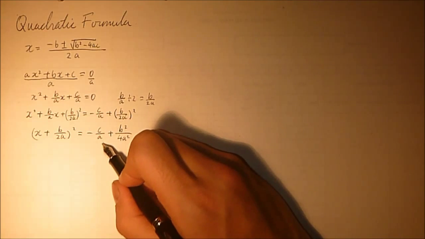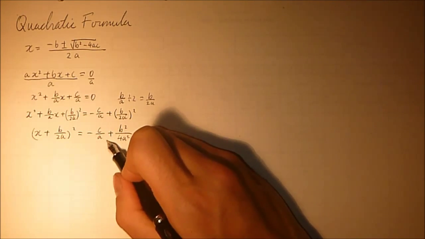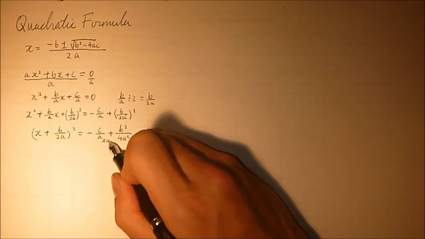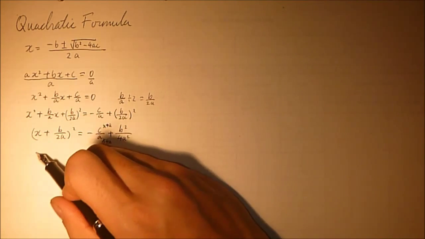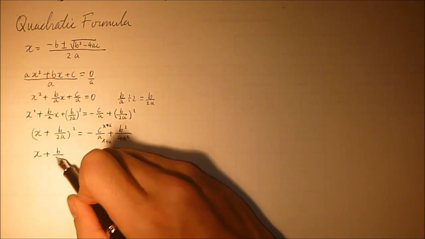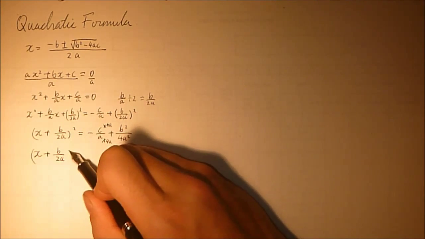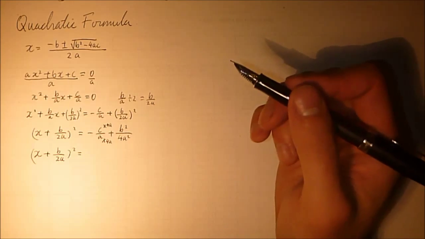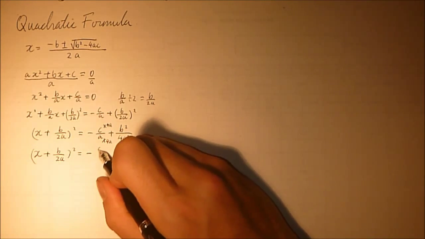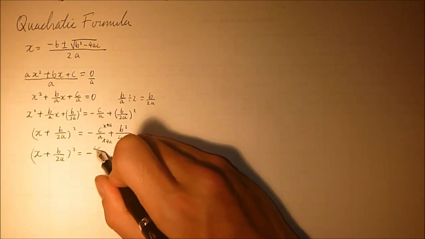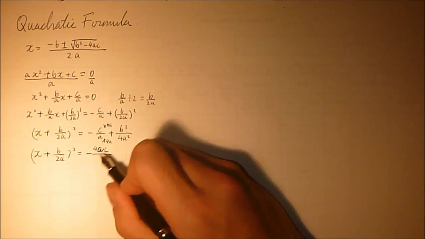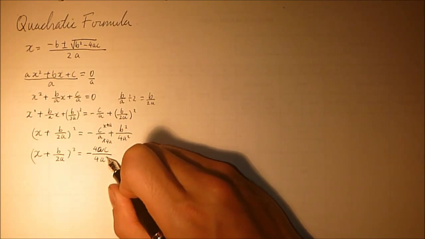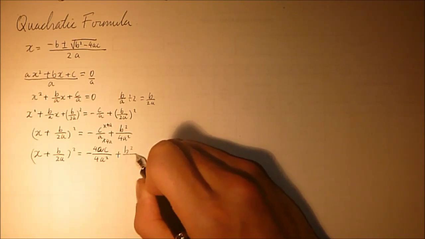So in this case the denominator will be 4a squared, so we times this by 4a, and we times this by 4a as well, and we end up with x plus b over 2a squared equals minus 4ac, because c times 4a over 4a squared, plus b squared over 4a squared.